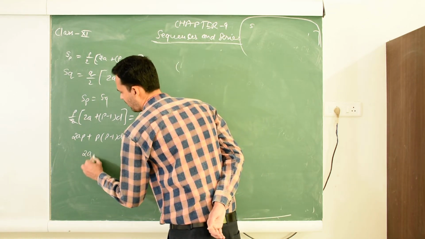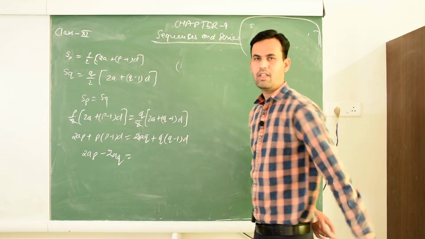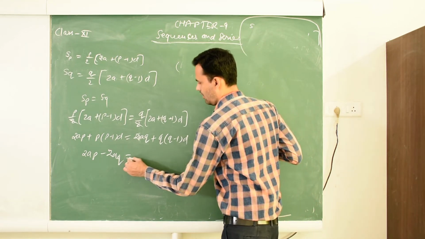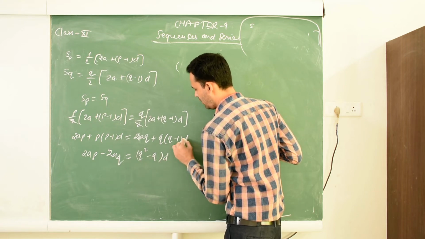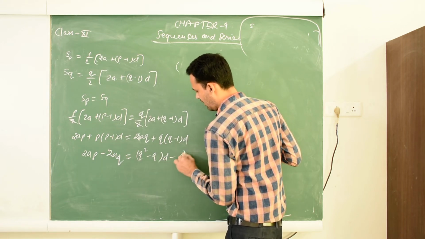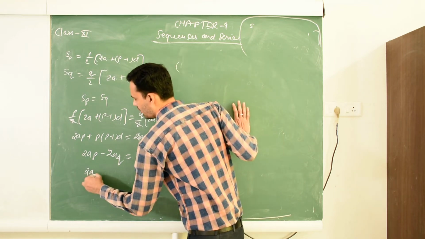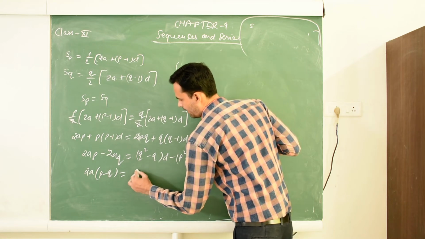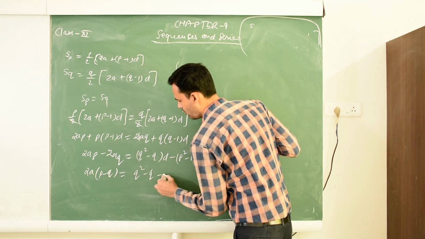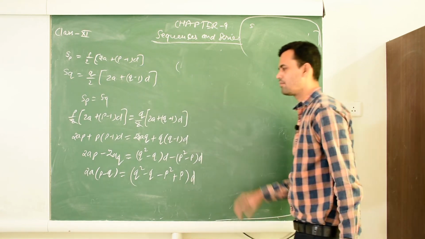So 2aP minus 2aQ, taking 2aQ to the LHS, equals (Q square minus Q) d minus (P square minus P) d. So 2a common, P minus Q equals (Q square minus Q minus P square plus P) into d.